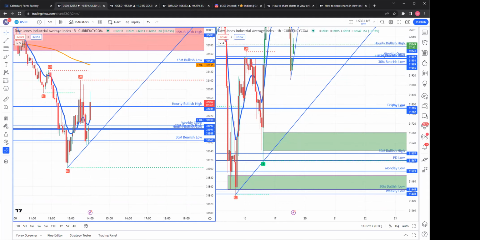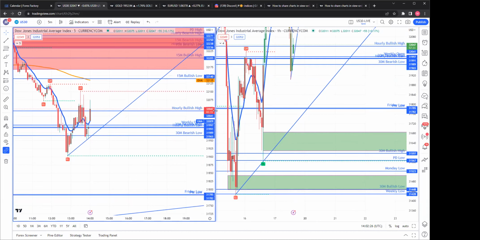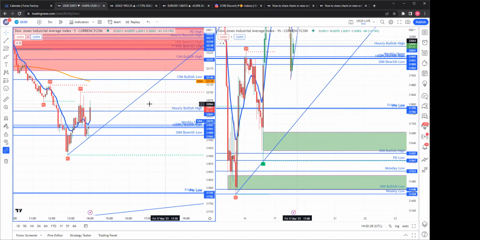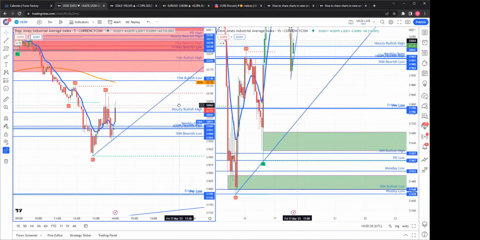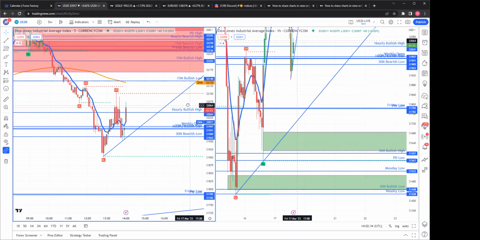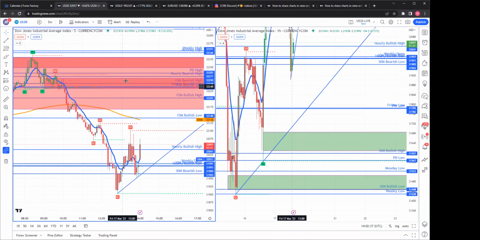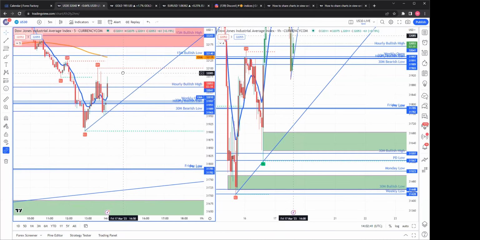I think it's still going to retrace to the downside, but I wanted to catch that little pump from the hourly bearish. If it's going to retrace to the downside, right now there's no entry for it. Even on my MT4, I don't have any trend lines for it. The only sell zone for US 30 is up here and up here.